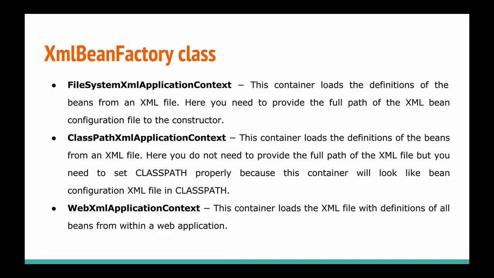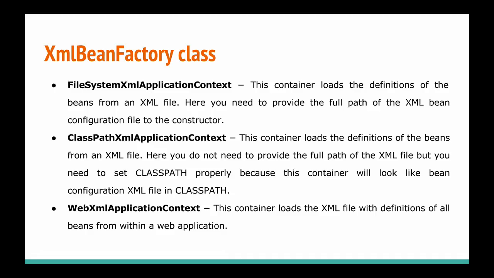The second one is the ClassPathXmlApplicationContext. This container loads the definitions of the beans from an XML file. Here you do not need to provide the full path of the XML file, but you need to set the classpath property because this container will look for the bean configuration XML file in the classpath.